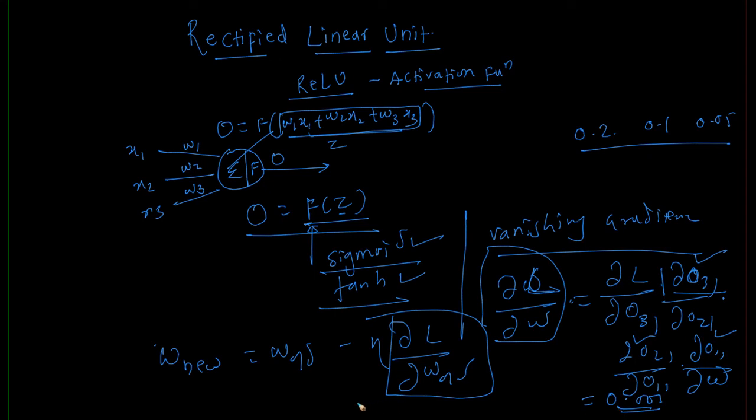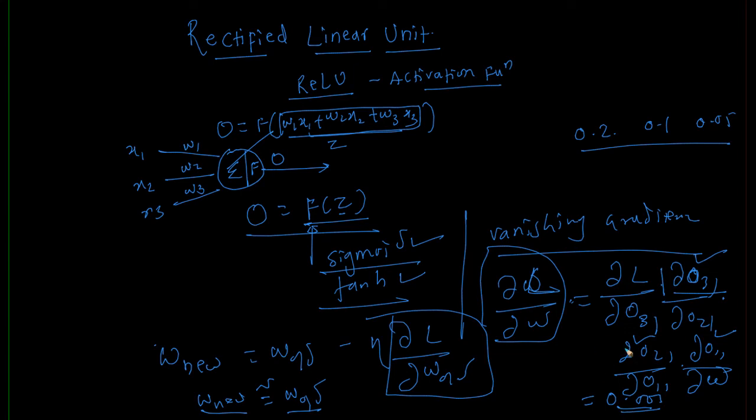We're putting this term here, and as a result W new was very similar to W old. That means the weights were not getting updated, so we're not able to train neural networks. We saw this with a neural network of two layers.